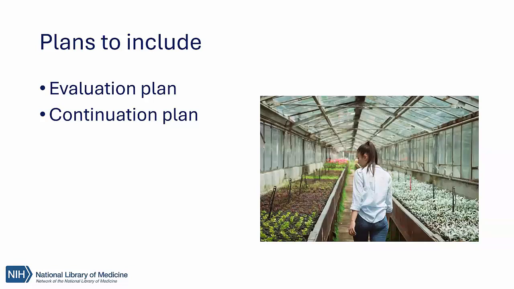You will need to include an evaluation plan and a continuation plan. And what I mean by continuation plan is most funders are expecting that they are giving you seed money to try out an idea. They do not anticipate that they will be able to fund you year after year.